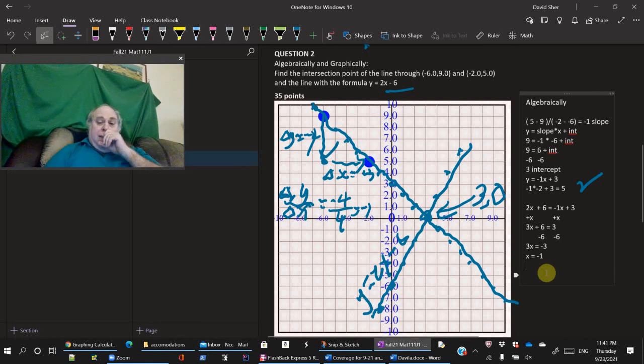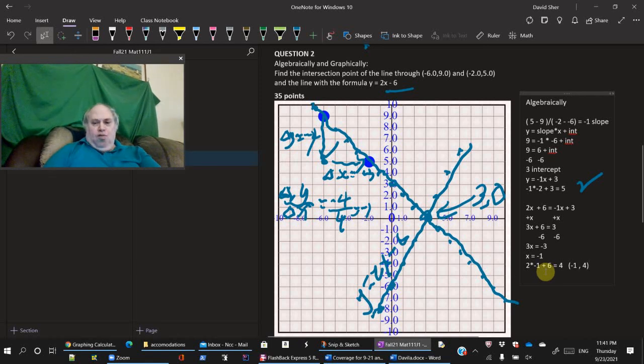But let's see what happens when I continue this algebra. To get the y value, I plug in minus 1 into one of the formulas, 2 times minus 1 plus 6, and that gives me 4. So my point becomes minus 1, comma 4.